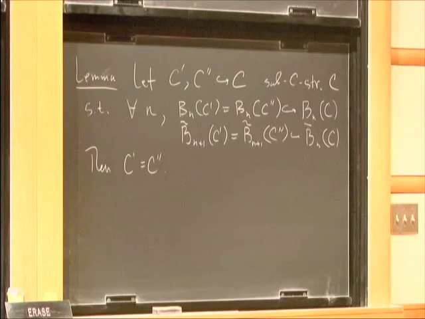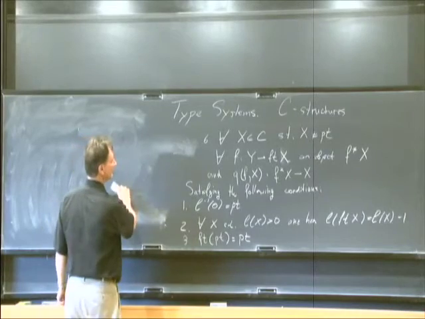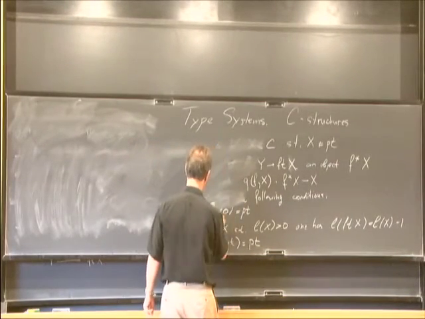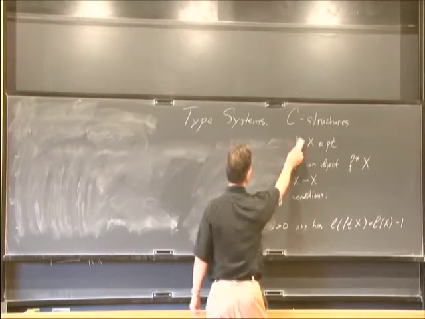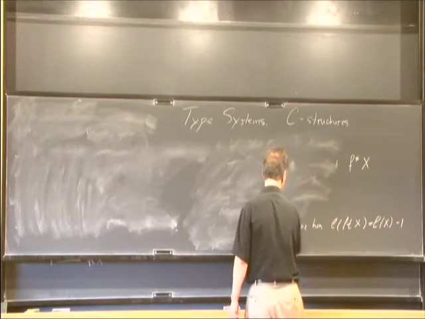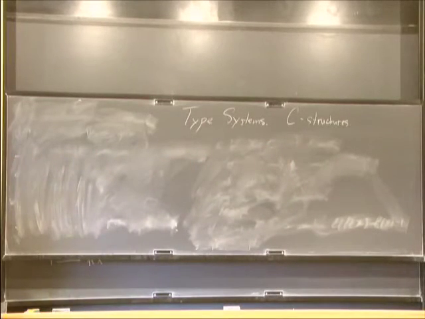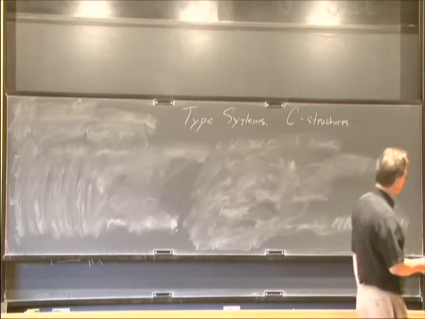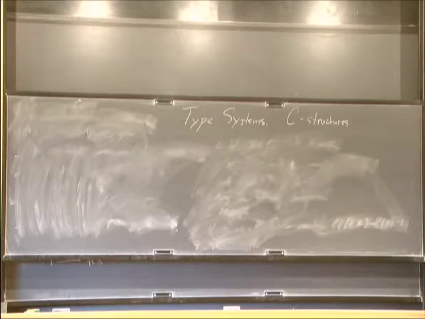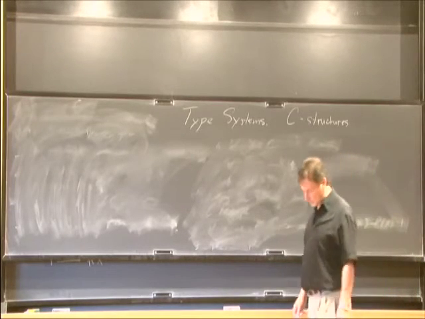I'll probably erase this very beginning. A technical definition: let's call a pair of subsets of this form saturated if they correspond to a C substructure.